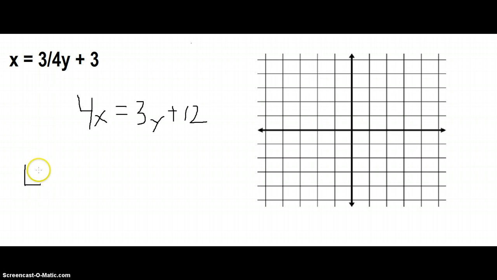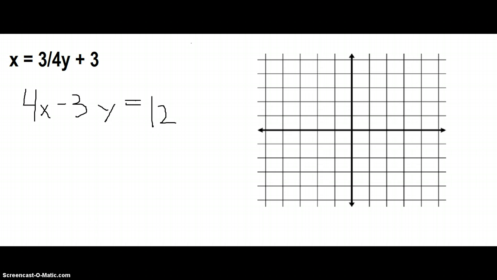So it's going to be 4x minus 3y equals 12. Even though it's not ax plus by equals c, you can still have ax minus by equals c.